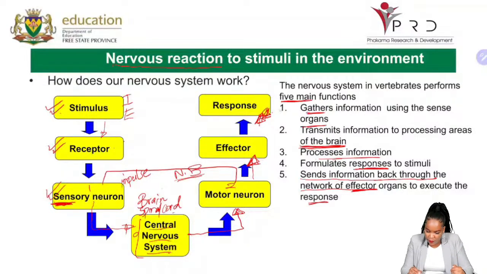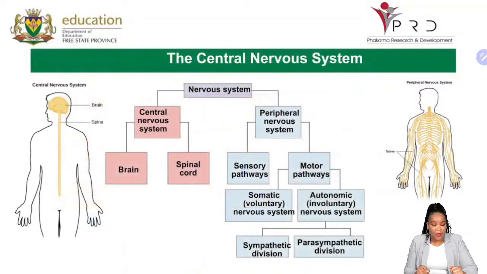So these are the main 5 reasons why we need to have a nervous system, or the main functions. I hope you have covered that. Now, everyone, wherever you are seated, you know why you need to have a nervous system to survive. Now, the nervous system is divided into 2.